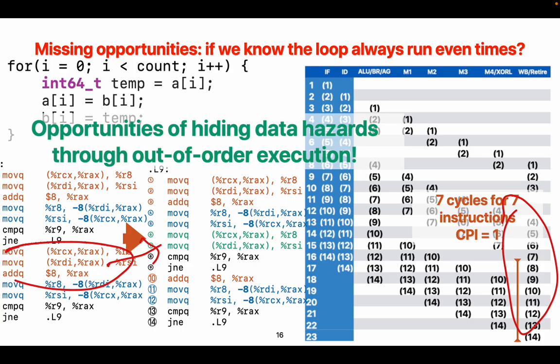You cannot know if it's going to run that many times, right? But is there any architectural component that can predict the future, whether we are going to run this iteration or not? What is that? Branch prediction, right? With branch prediction, it is possible for the processor to predict if we are going to run this iteration or not.